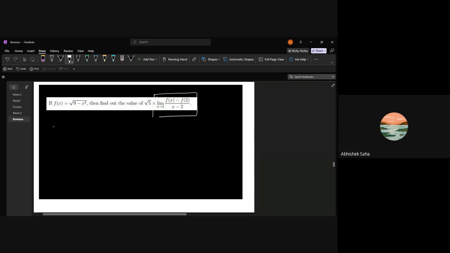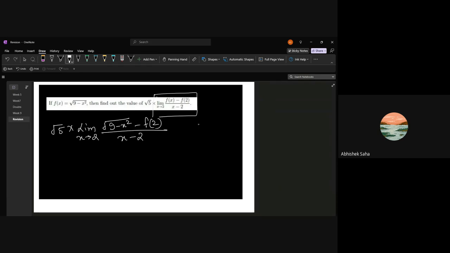So let's solve it. We have to find the value of limit x tends to 2. In the place of f(x), you can directly put that function. I'm directly putting that function, f of x minus f of 2 upon x minus 2.